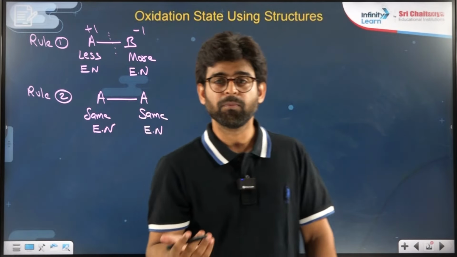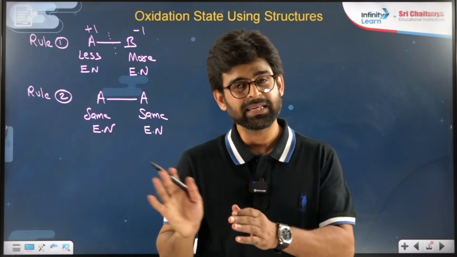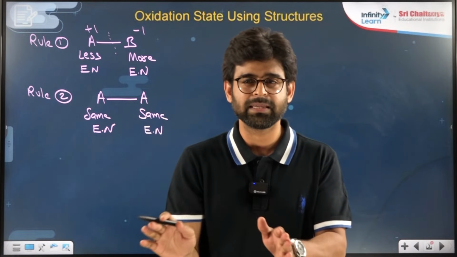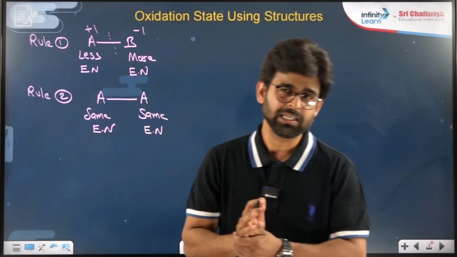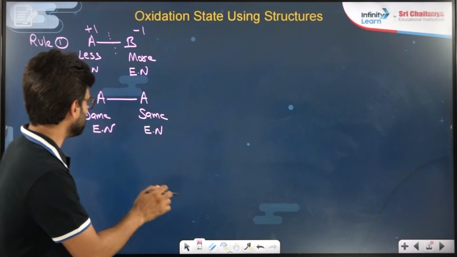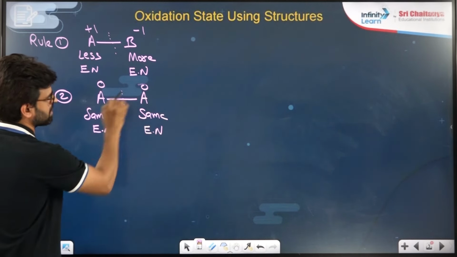Even if we break a bond between the same atom, it can sometimes have charge. But here I am saying both atoms have the same hybridization, completely the same electronegativity. So in such cases, you will break the bond and both will get 0, 0.